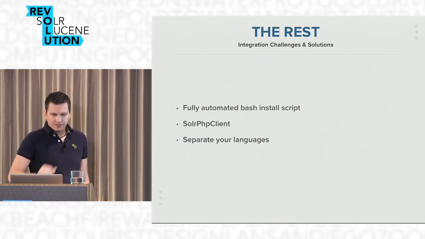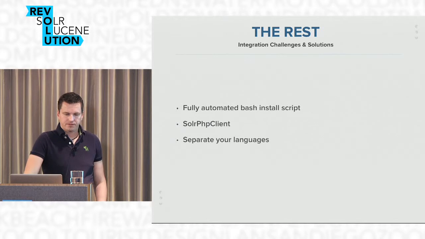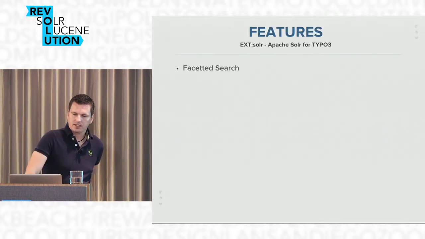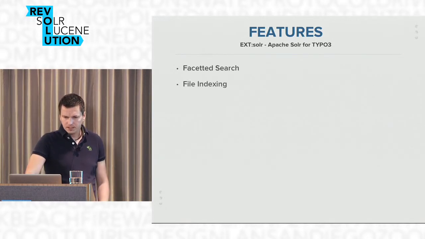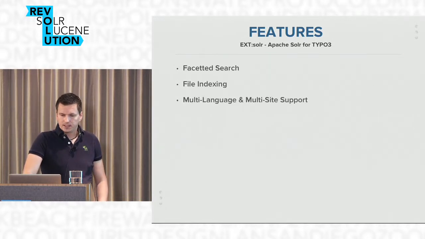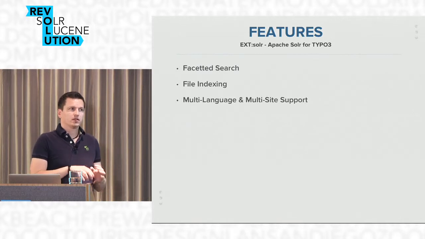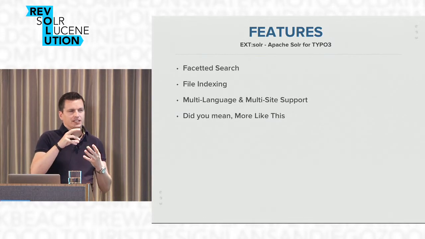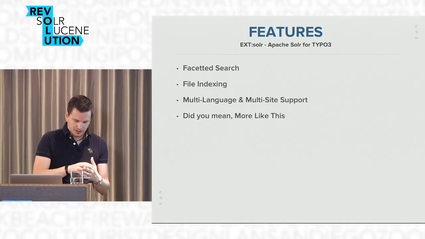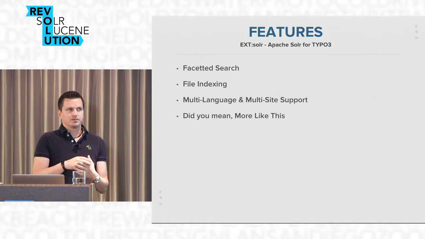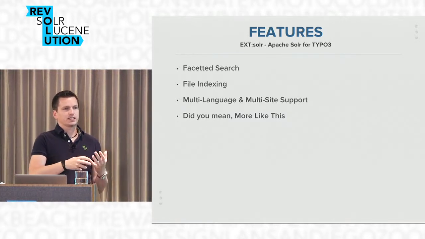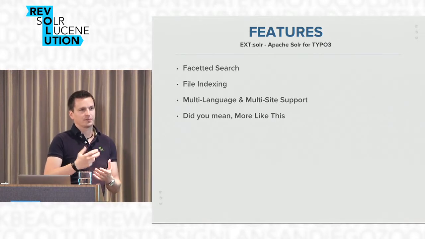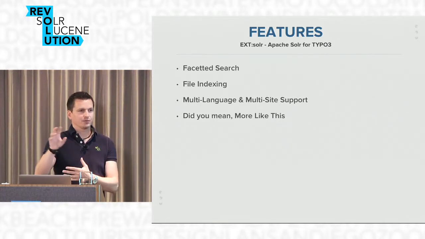So what do we have right now? We have faceted search, of course, file indexing, multi-language and multi-site handling. Did you mean, more like this? There's also one feature where we are mimicking the Google way, where you type in something incorrectly, but you get the results already for the thing we think you really meant. Like, did you mean X, Y, Z?